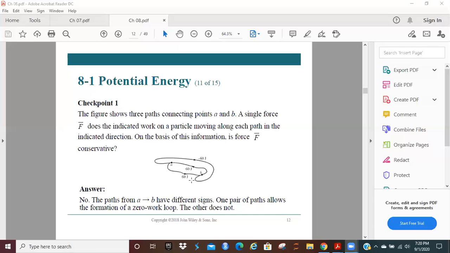So the amount of energy expended going this way is different from what I have going this way. They have to be the same in order to be considered conservative, and in this particular case, it isn't. So that's the point of that particular exercise.